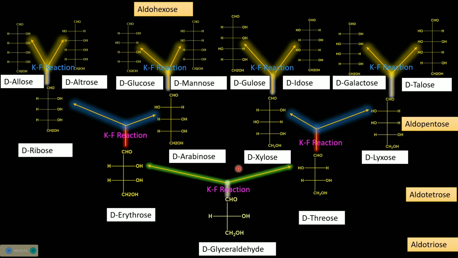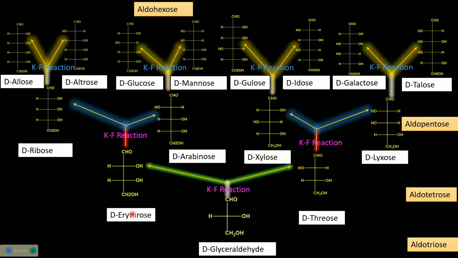Now see D-erythrose. D-erythrose is an aldotetrose, and D-threose is also an aldotetrose. So if we perform the Kiliani-Fischer reaction on D-erythrose, then we will get two homologues. So now I think you all understand what will be formed.